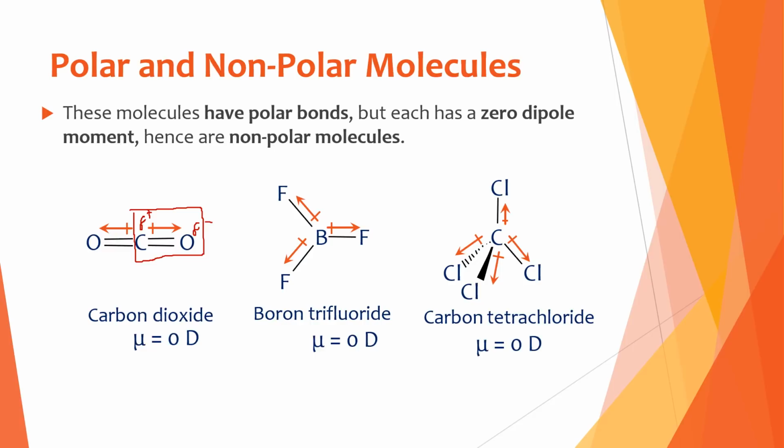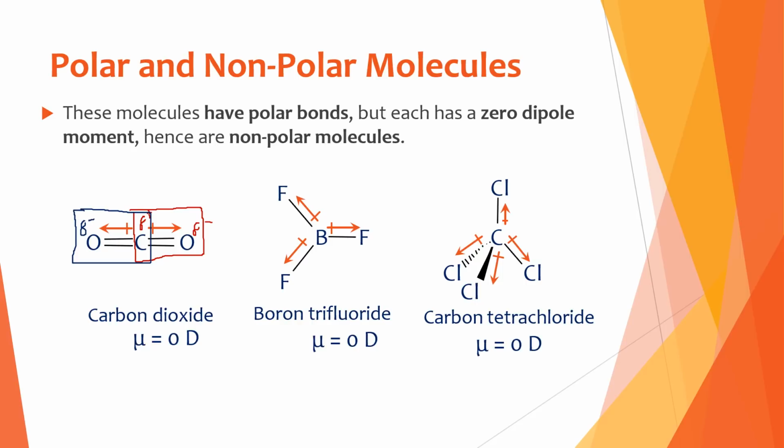On the other side of the carbon and oxygen bond, the movement of the dipole moment also comes from the carbon towards the oxygen. This is because the oxygen is partially negative while the carbon is partially positive.